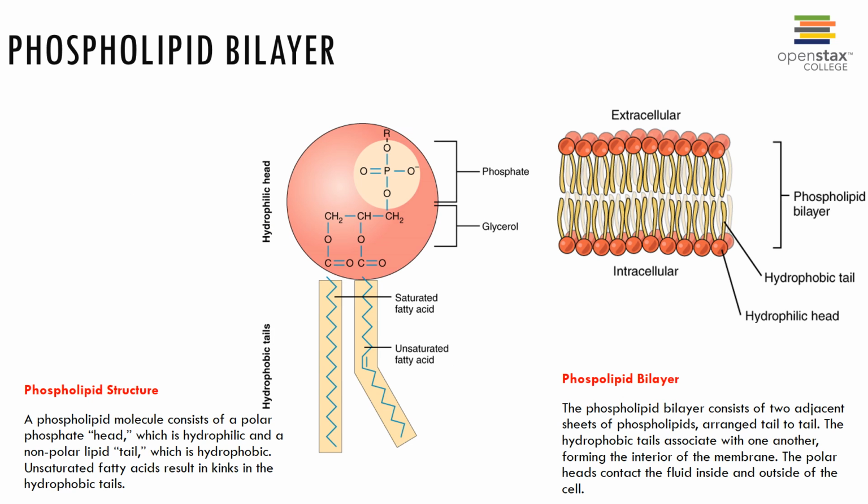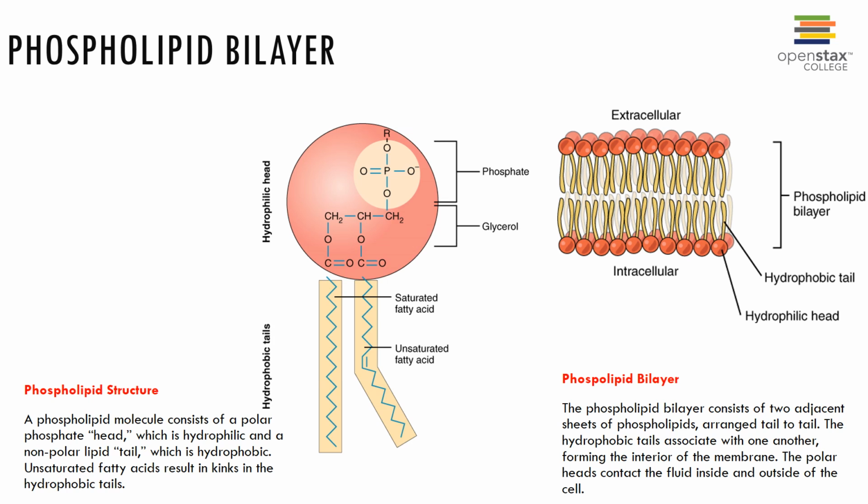The phospholipid bilayer is what the plasma membrane is composed of. And remember, a phospholipid has a phosphate head that is polar and hydrophilic, and a fatty acid tail that is nonpolar and hydrophobic. And you can see the structure and orientation of the phospholipid bilayer here.